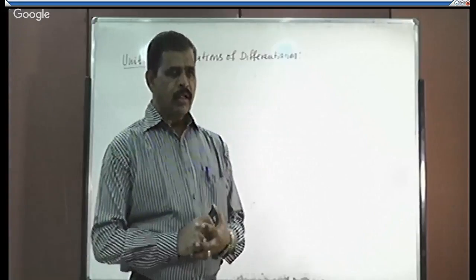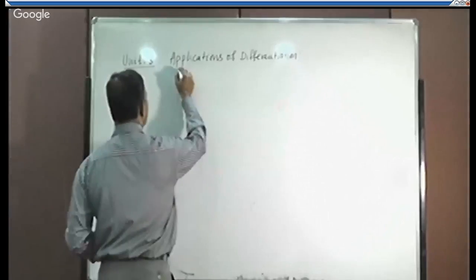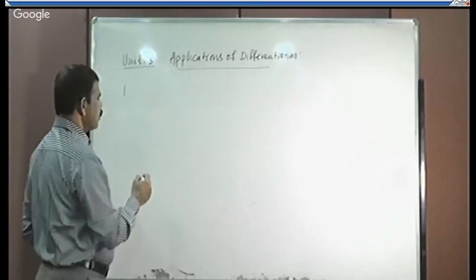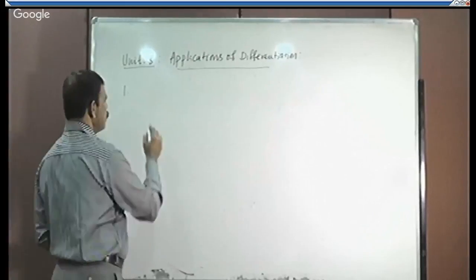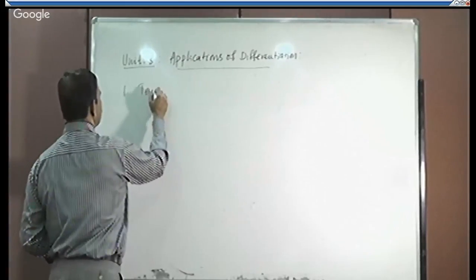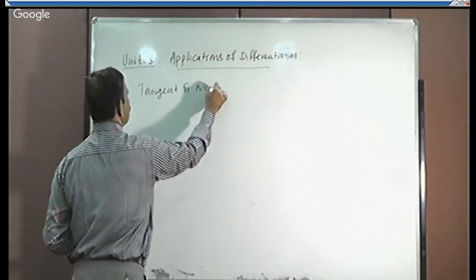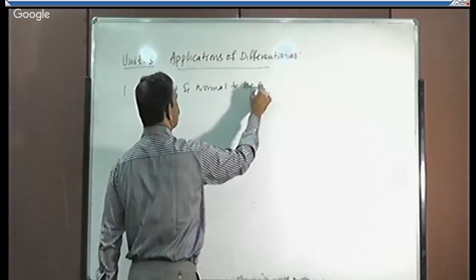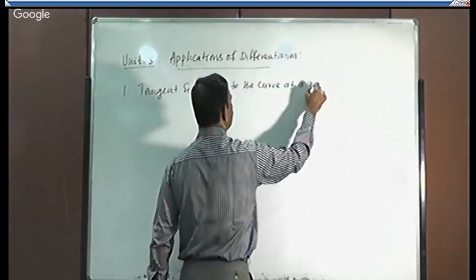Here, the main applications of differentiation are: number one, we can get the slope of a curve at a given point. We can get the tangent and normal to the curve at a given point.